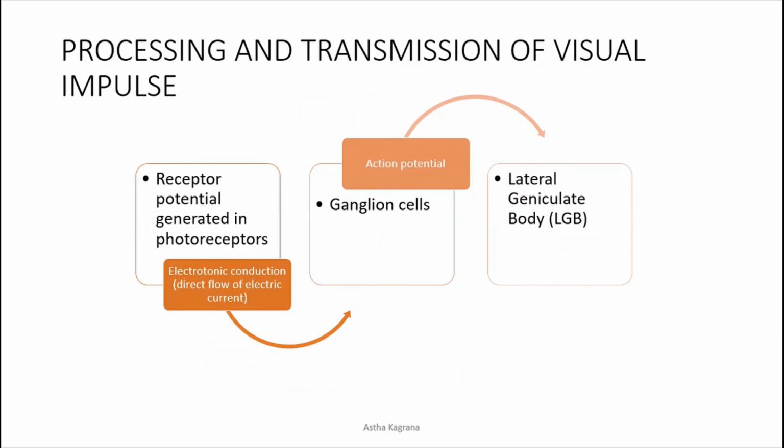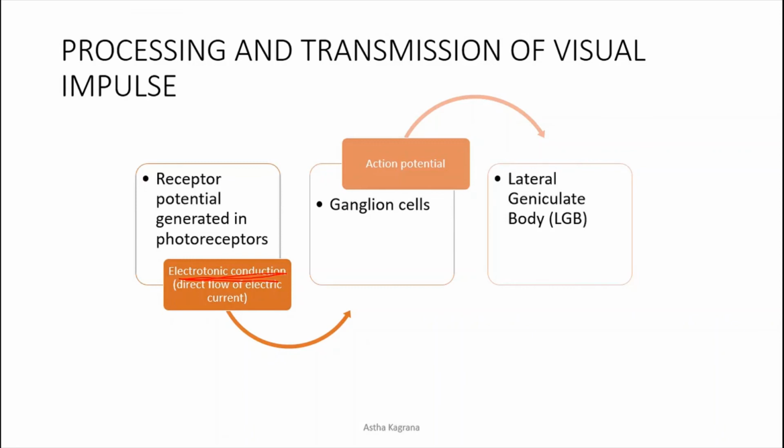Then coming to the processing and transmission of visual impulse. So how is it done? Once the receptor potential is generated in your rods and cones, it is transmitted to the ganglionic cells via electrotonic conduction. Now what do you mean by electrotonic? Electrotonic means devoid of action potential.